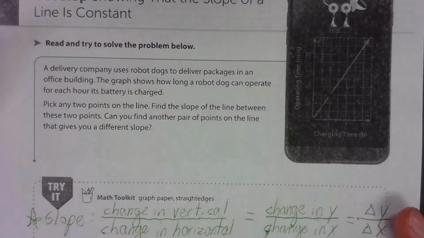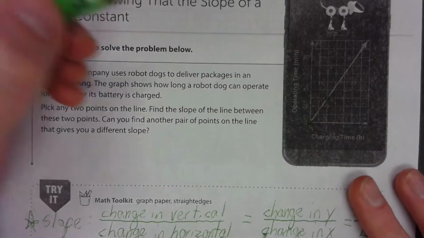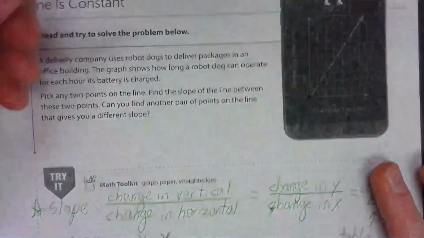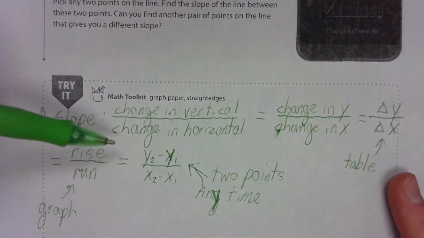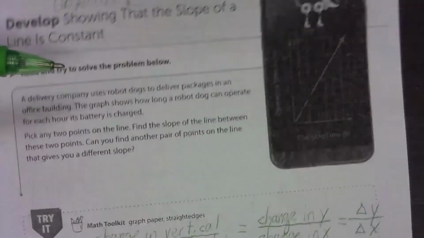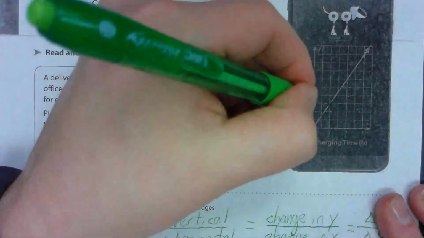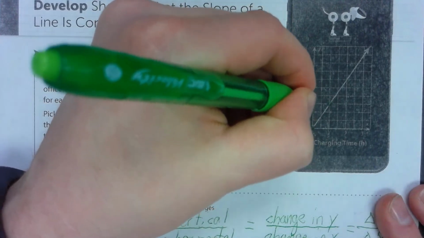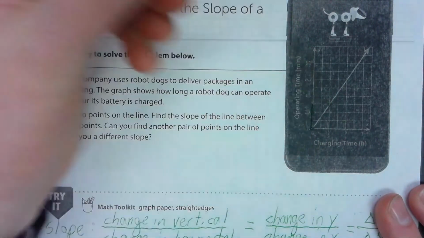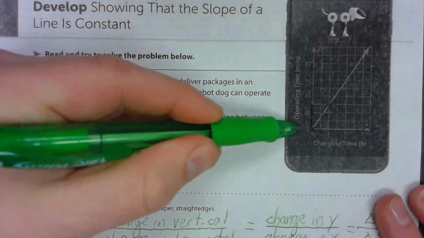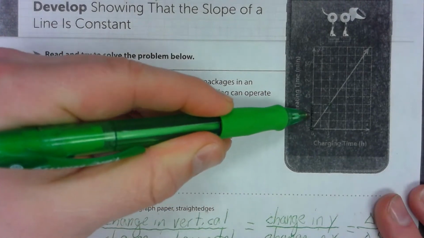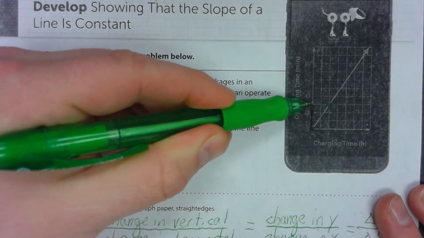It wants us to find the slope between these 2 points. So I can think any of these ideas. I'm thinking, how is my y changing divided by how is my x changing? Well, it looks like it is going up 10, 20, 30.